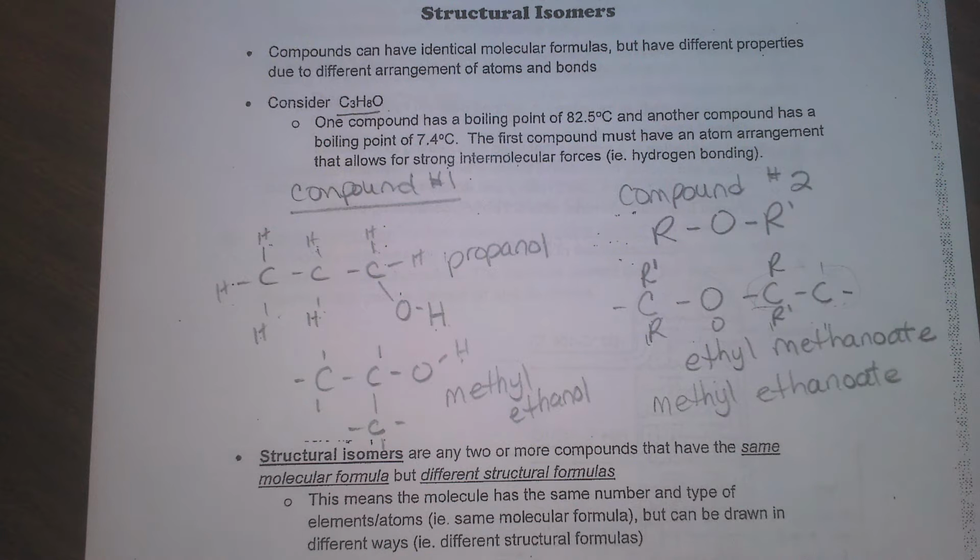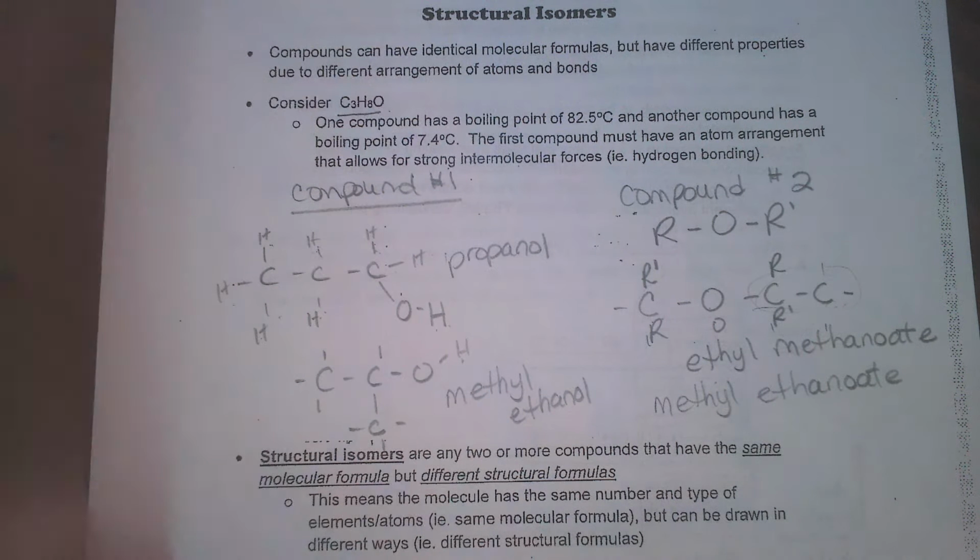Okay? Two ways of naming it when we don't know which one was the acid and which one was the alcohol. We don't know which one is which. Typically, we read left to right, so chances are it's ethyl methanoate, but it could be ethyl ethanoate.